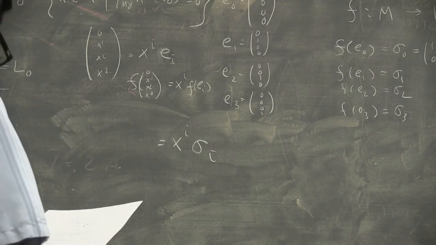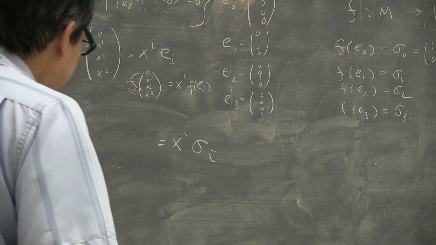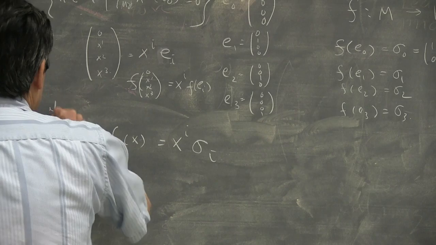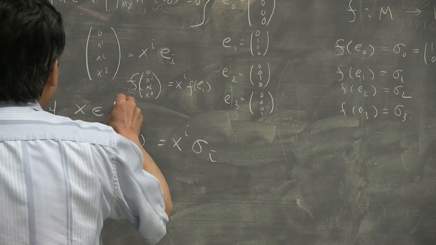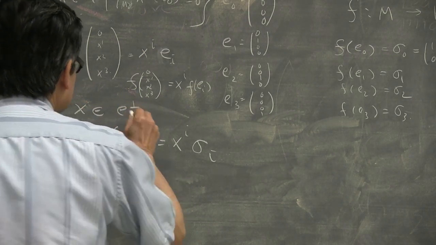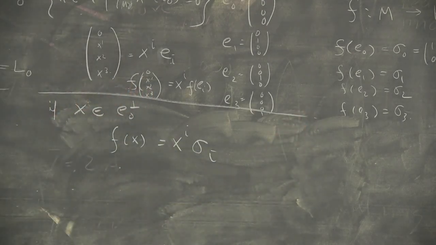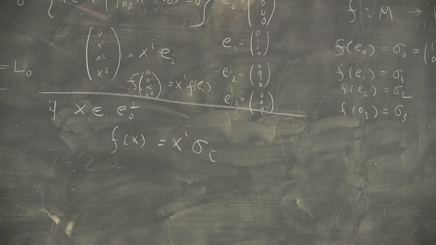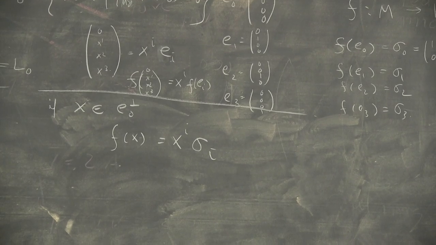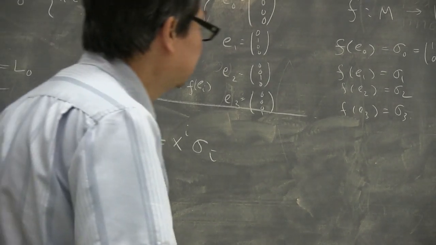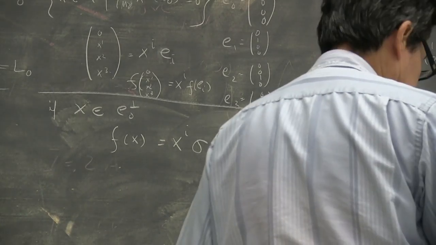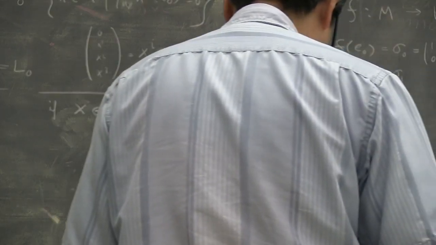So this is F of x. If x is in the orthogonal subspace, that is, x is in e sub 0 perpendicular, then F of x is equal to that. So this is a 2 by 2 Hermitian matrix, and so then you can tell what the homomorphism does to the particular sigma i's.